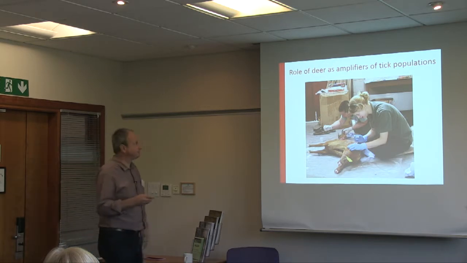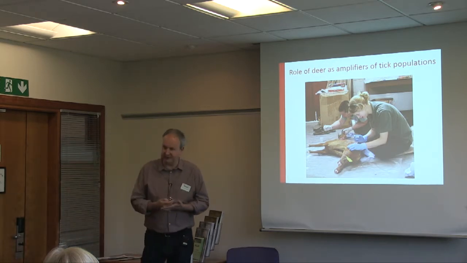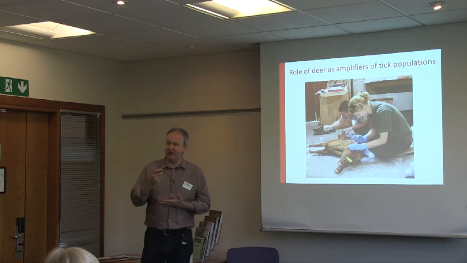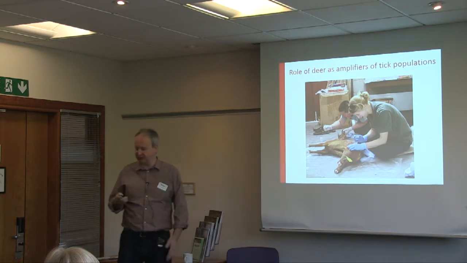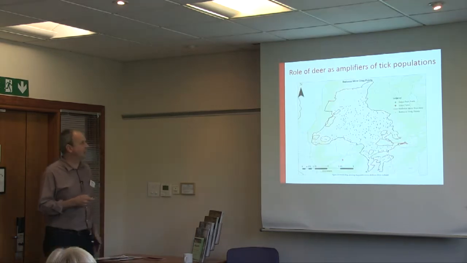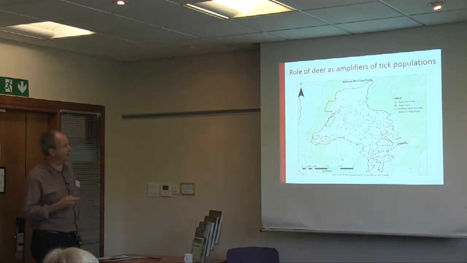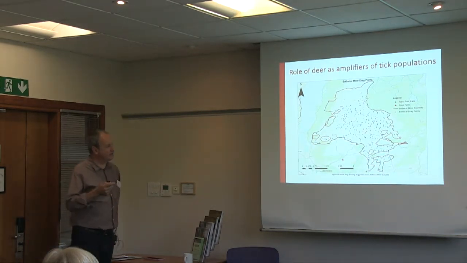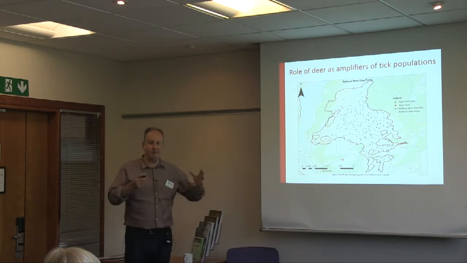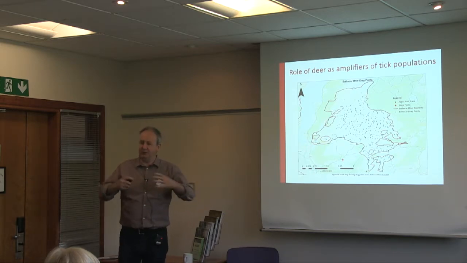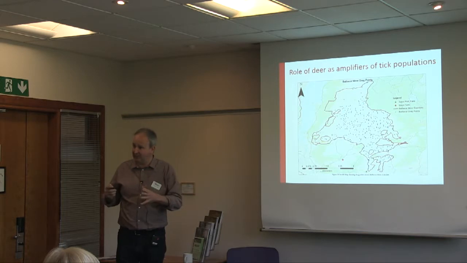So we know that deer are very important in terms of providing blood meals to ticks, and the deer population has been increasing. And we've been doing some work looking at how important deer are at moving ticks around the landscape.